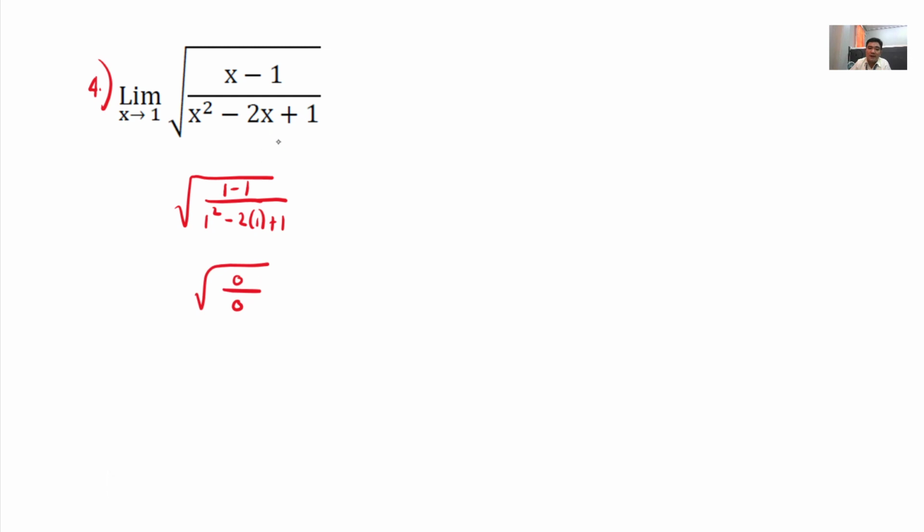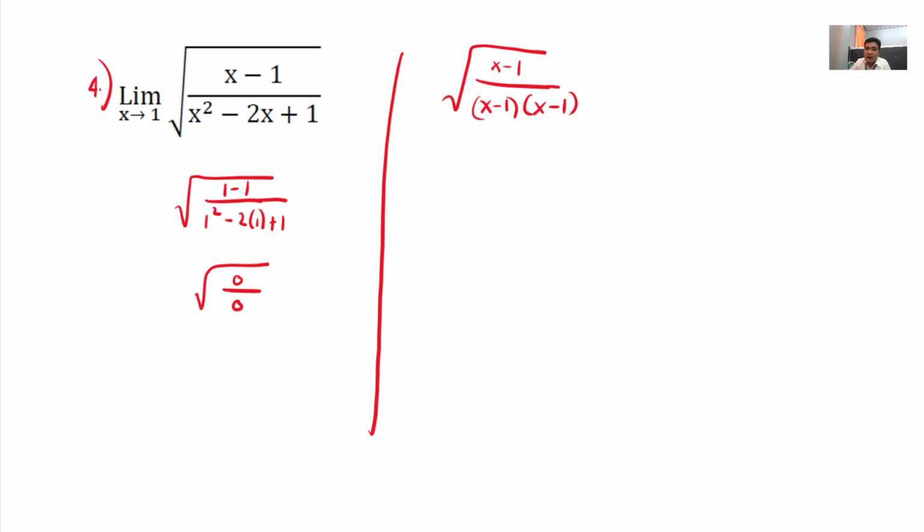So we need to simplify the given. So dito sa right ko siya gagawin. Gagawin ko siyang ganito, class. Square root of x minus 1, sa baba is perfect trinomial square. So that is x minus 1 times x minus 1. Tama? So we cancel out that one. So may naiwan class na 1 all over x minus 1. So that is limit as x approaches 1.